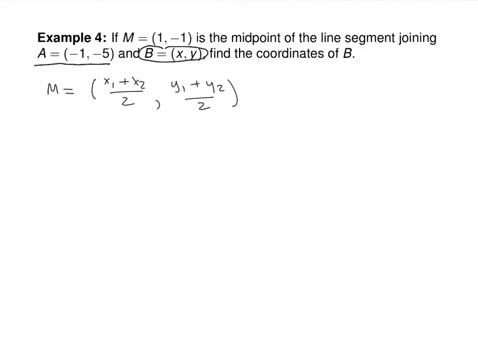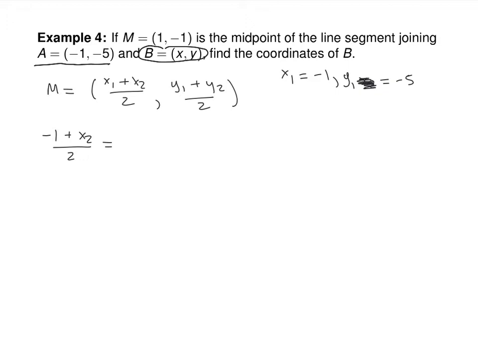So I know that x1 is -1, and what is y1? -5. Okay. So then, does it make sense that -1 plus x2 over 2 has to equal something?